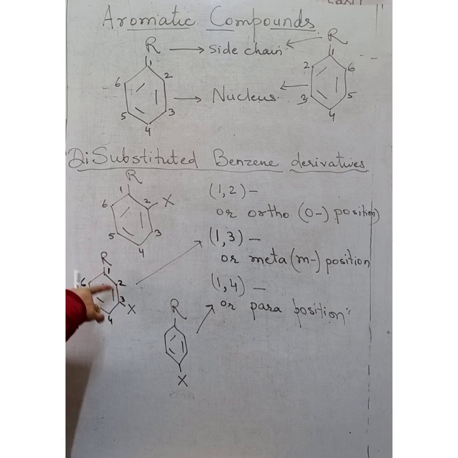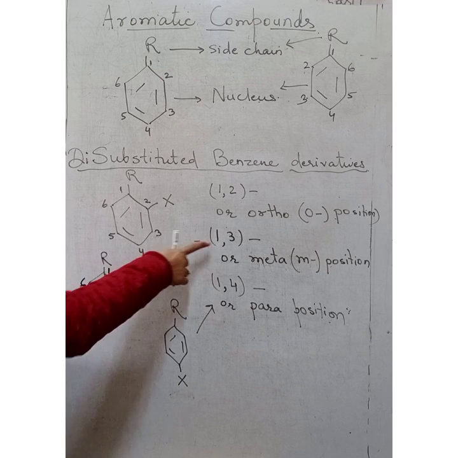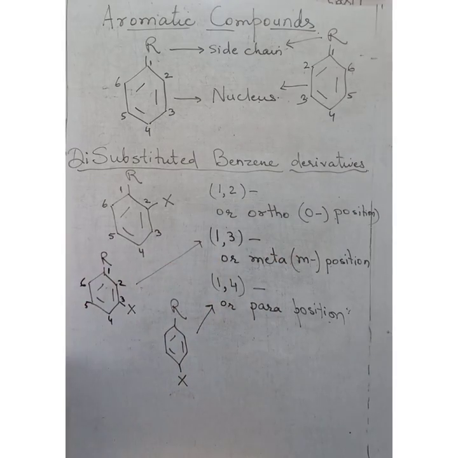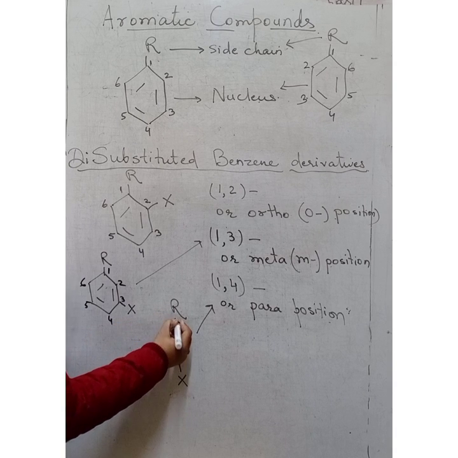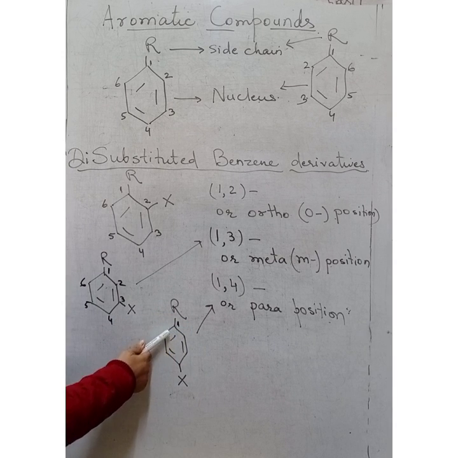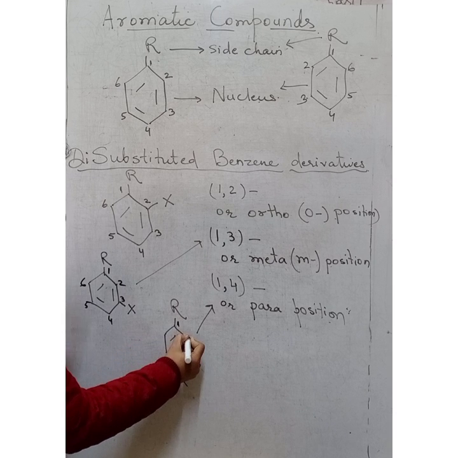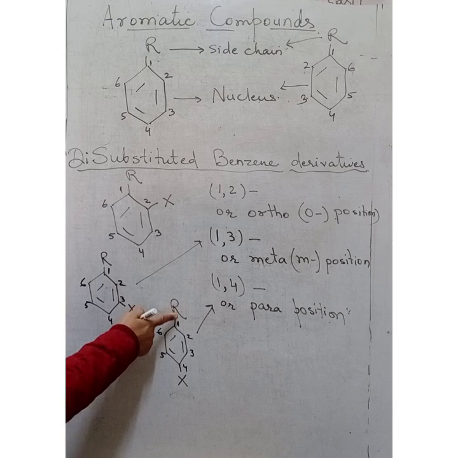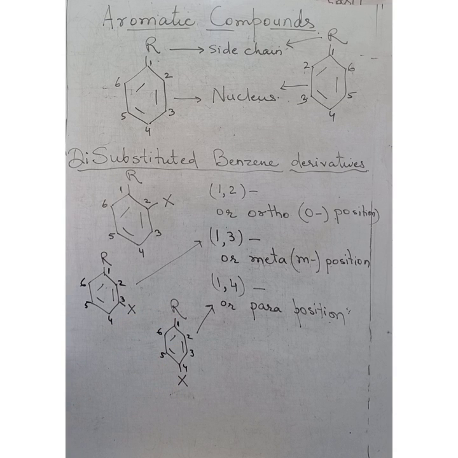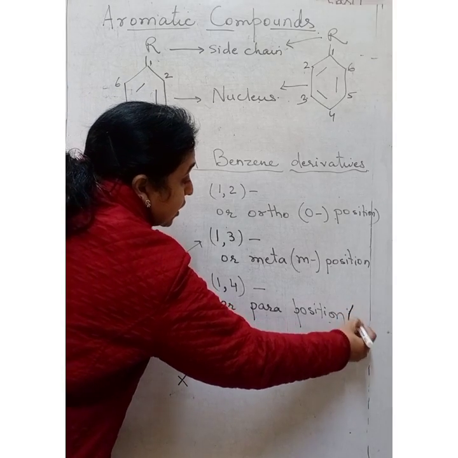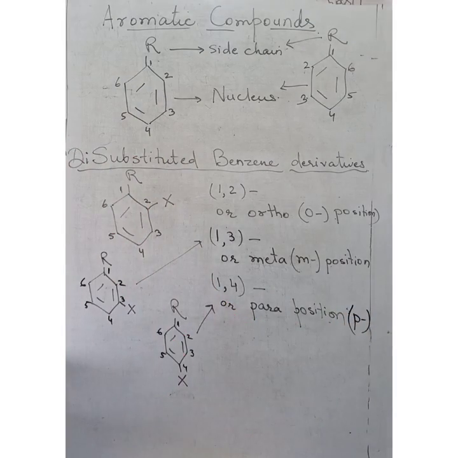So if the substituents are present at position 1 and 3, we can call it the meta position, denoted by small m. And if with respect to the first substituent, the other substituent is present at the fourth position, you can number clockwise as well as anti-clockwise, any side. So if the substituents are present at 1 and 4 positions, then we call it the para position, denoted by small p.